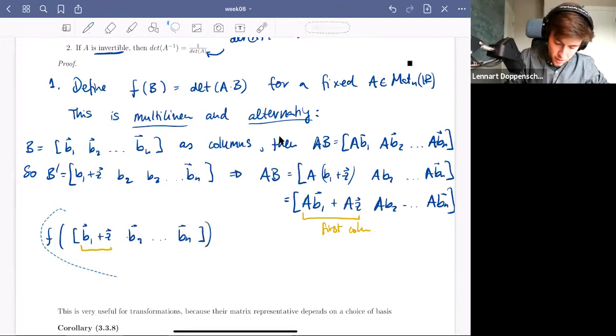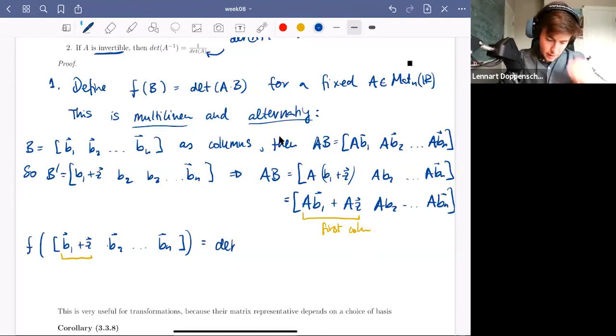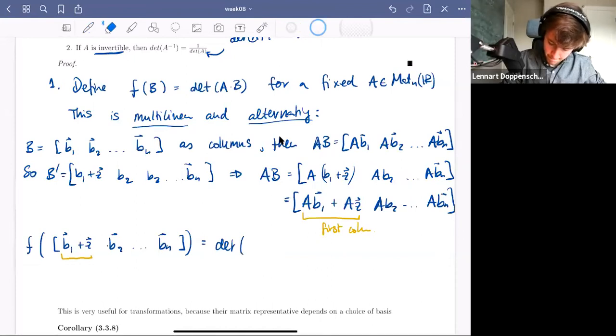But by definition, this is equal to the determinant. And now we can write A times the matrix with columns B1 plus Z, B2, through Bn.